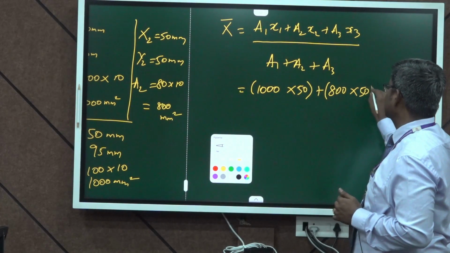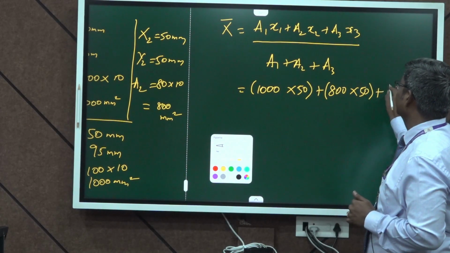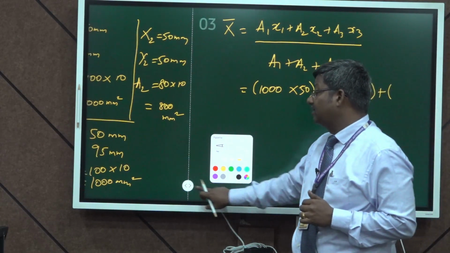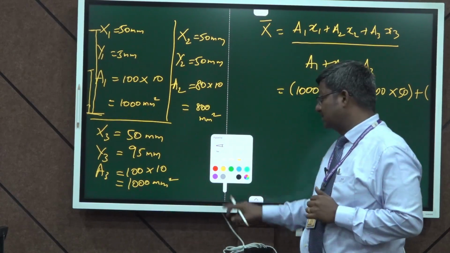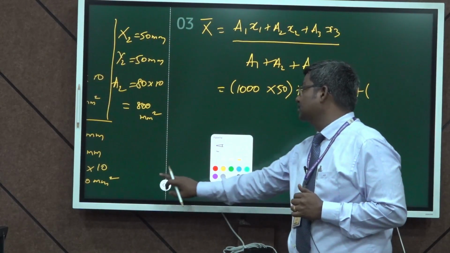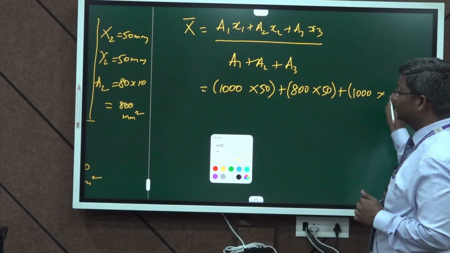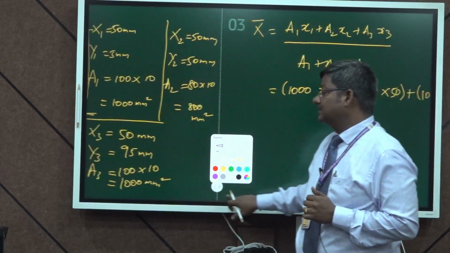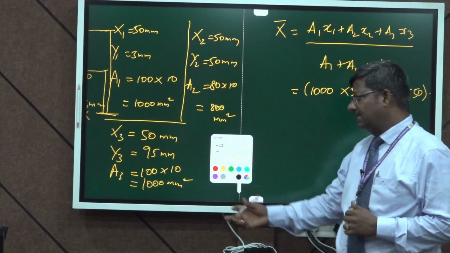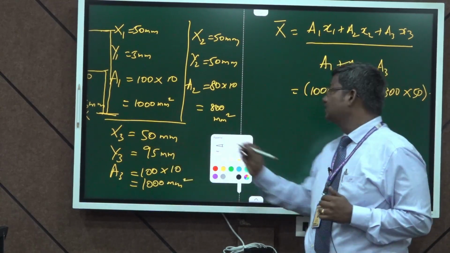I am substituting x2 as 50 plus A3, that is the area of the third portion, which is also 1000 millimeter square. So, I am substituting A3 as 1000 into the x3 value, that is the center of gravity of the third portion about the x axis, x3 is 50 mm.